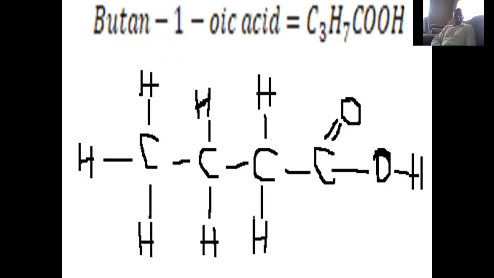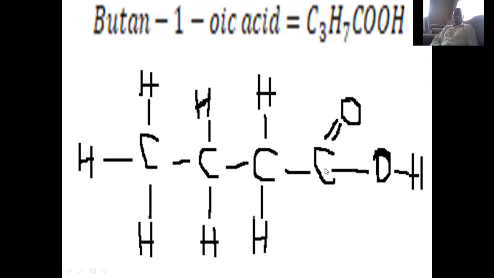Similarly, butanoic acid, with the molecular formula of carbon with 4 atoms, hydrogen with 8 atoms, and oxygen with 2 atoms. What makes the structure different here is the functional group, which is the carboxylic group.